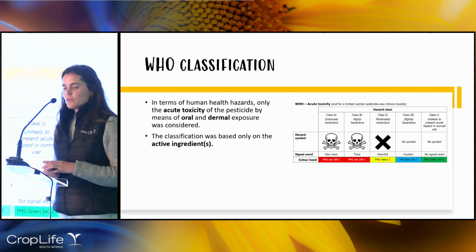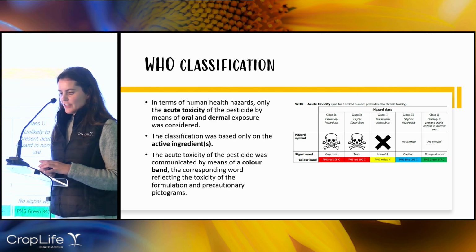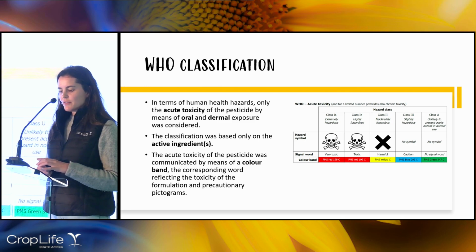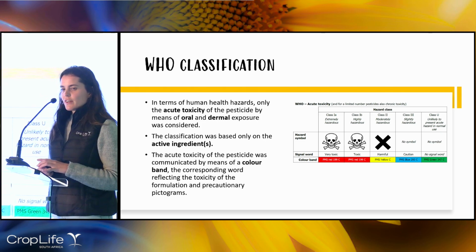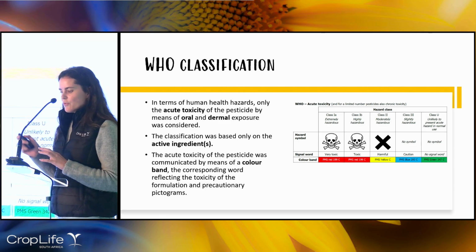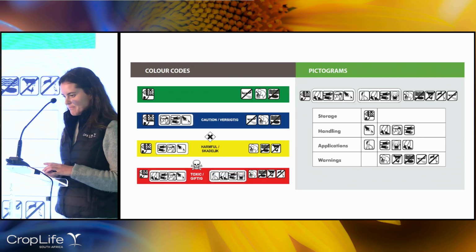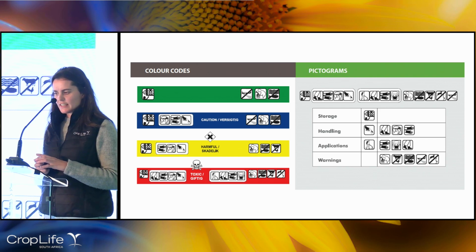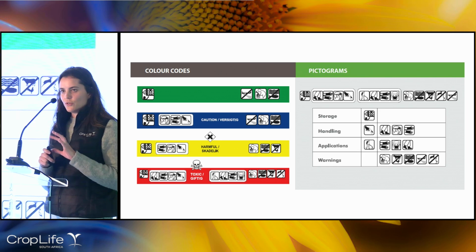This classification was also only based on the active ingredient, and the acute toxicity of the pesticide was then communicated by means of a color band, a corresponding word reflecting this toxicity, and then precautionary pictograms on the color band. I think you're all familiar with what it looked like, with the red band, yellow band, and blue band reflecting the acute toxicity. This is what it looked like, with various pictograms for storage, handling, applications, and warnings on your color band.